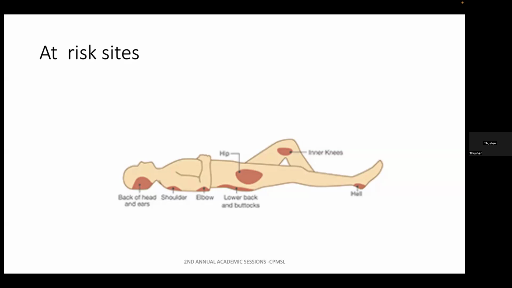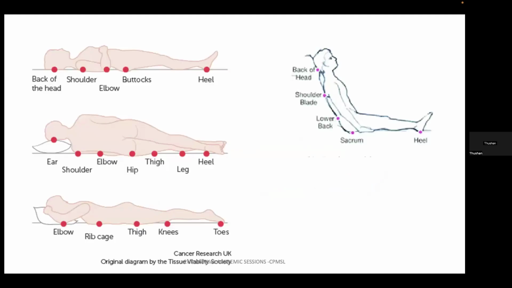But these sites are for a person who's lying down or sleeping for most of the day. If he's staying prone, if he's staying on a side, if the patient is in a wheelchair or on a reclining bed, the sites are different. So you can figure out, based on where the pressure ulcers are, what the most likely posture of the patient is, and what you need to change to try and get the pressure off those areas.